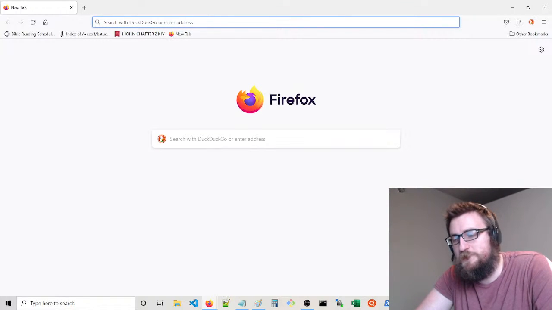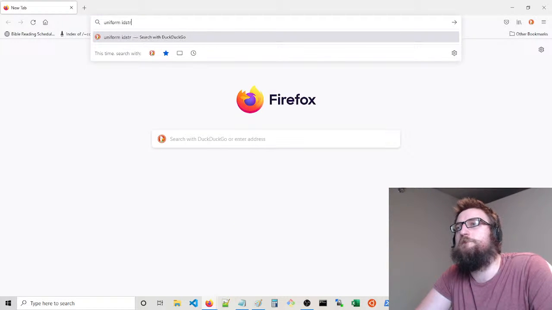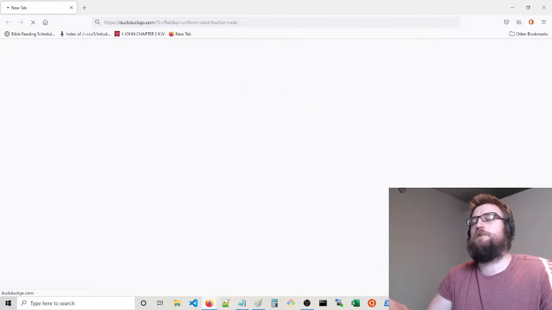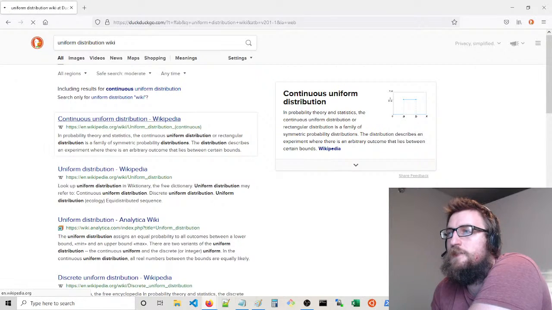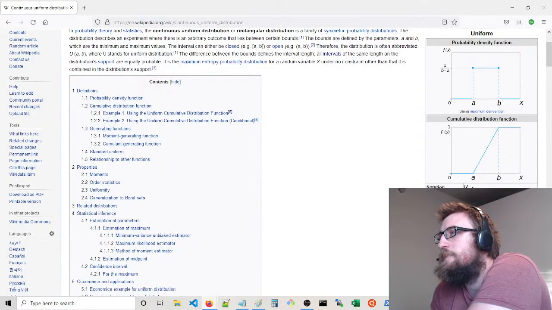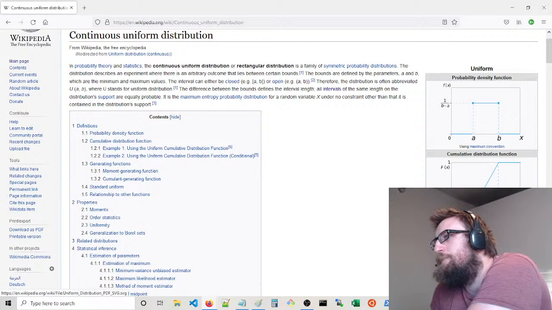This wasn't even the part that I wanted to spend a lot of time on. What does this probability function look like? 1 over b minus a. Well, a is 0 and b is 1. It's just 1.